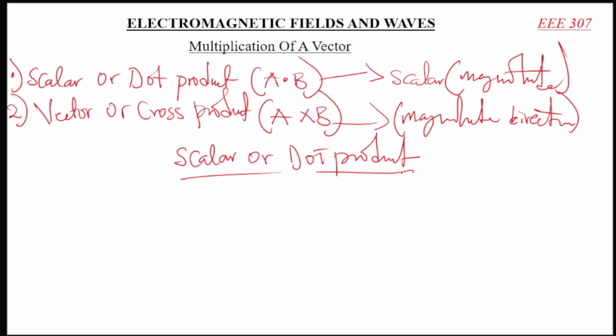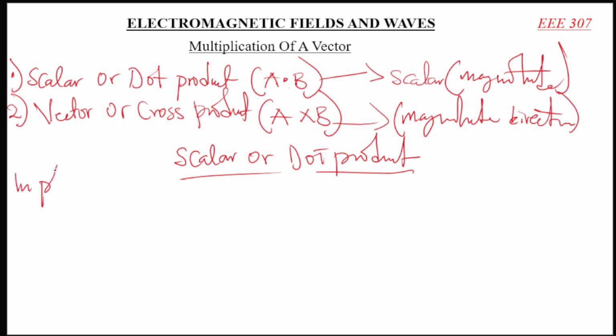Now, what if we have two unit vectors multiplying themselves? What do you think the answer will be? Let's say we are considering a plane.